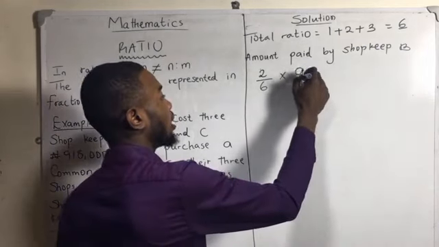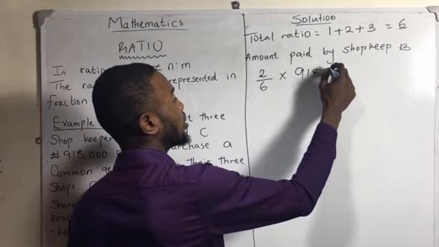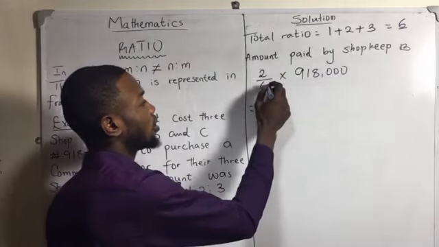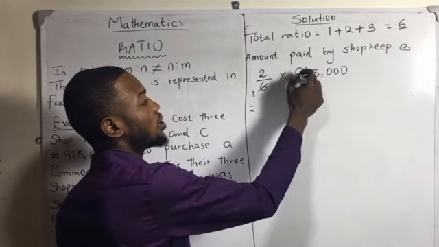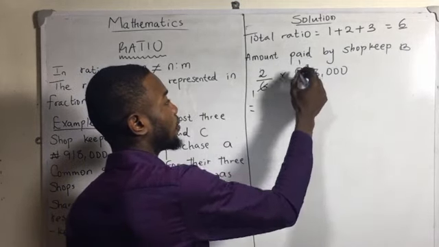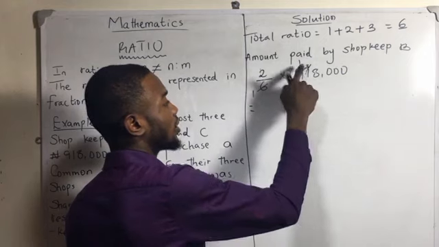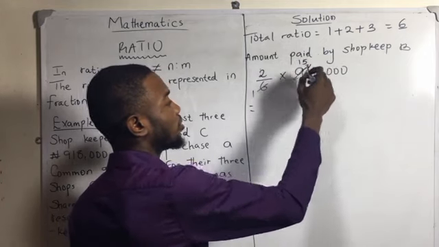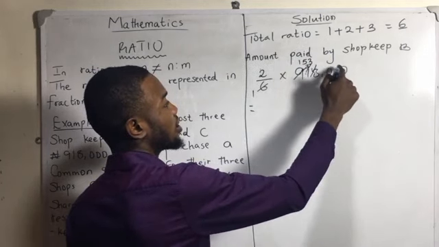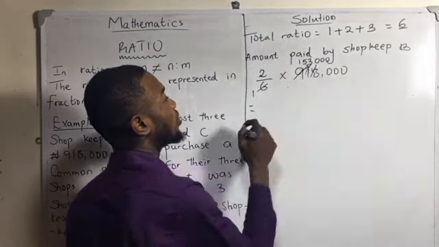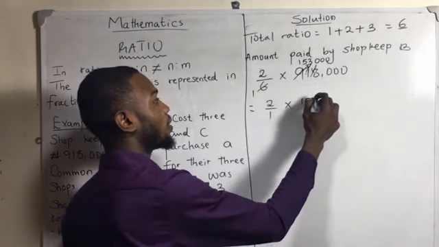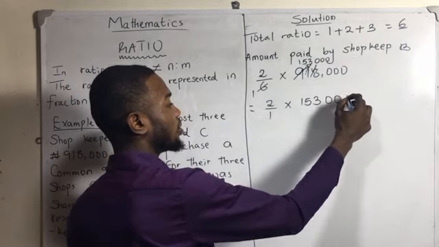So let's quickly do the division. 6 in 9, we have 1, remainder 3. 6 in 31, we have 5, remainder 1. 6 in 18, we have 3. Then 6 in 0 is 0, 0, 0. Therefore, we have 2 over 1 multiplied by 153,000.